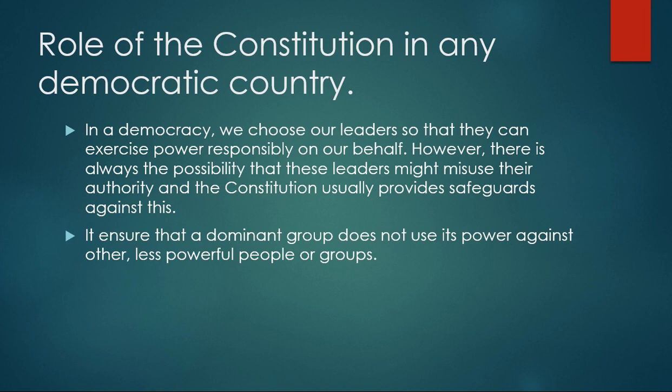So some are in a majority, and some are in a minority. So the constitution also provides safeguards from the misuse of power by the dominant group over the less dominant group.